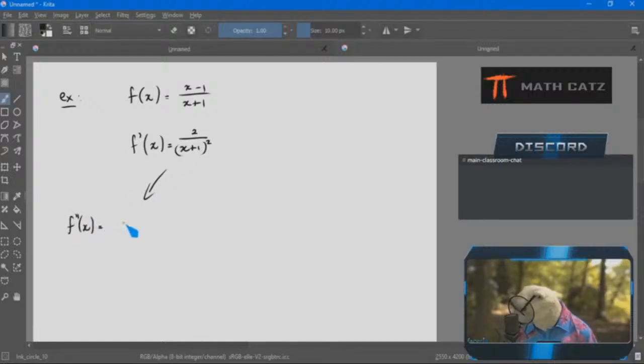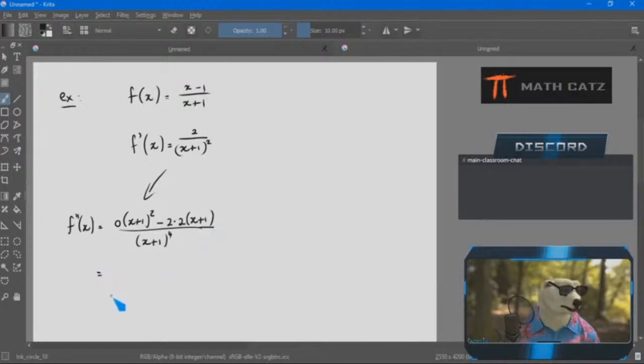Let's do it over here. And of course, then I have the bottom one squared. So then I have to the power of 4. Derivative of the top times the bottom minus the top times the derivative of the bottom. And then I have to simplify that because I have a reason to simplify.